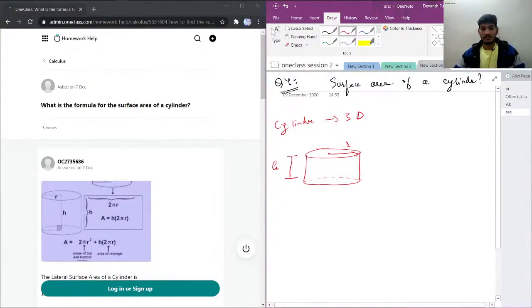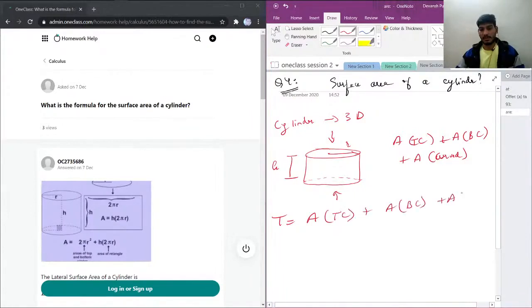So total surface area is the area of the top circle, so I'll just write TC, top circle, plus area of the bottom circle, plus area of the curved surface.